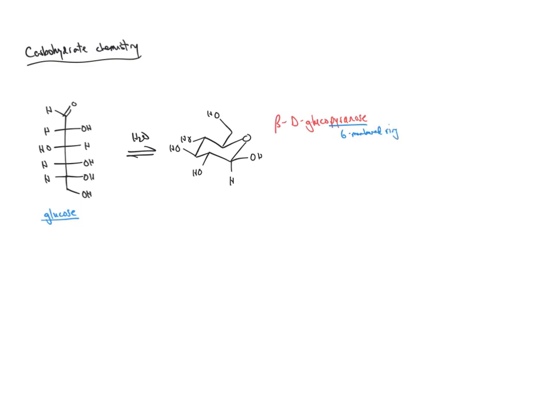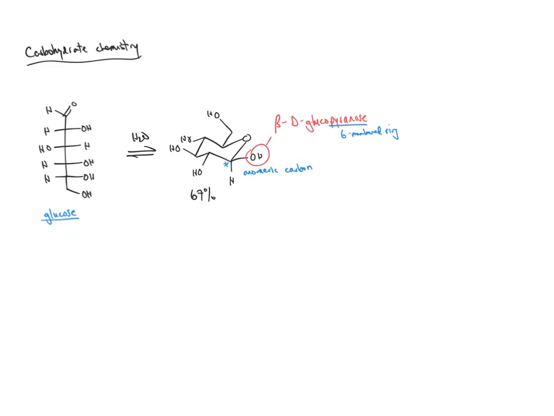This anomeric carbon right here can have two orientations for that alcohol. In the case where the alcohol is sitting in the equatorial position, we say that that's the beta version. And when this cyclizes, we get 67% of the beta version.